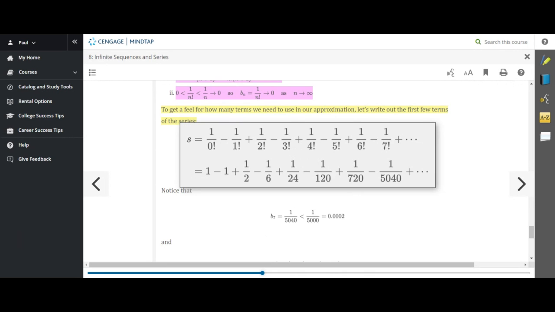But let me hold on just 1 minute here, just doing something on my calculator. Okay, so let me finish this up on the whiteboard.